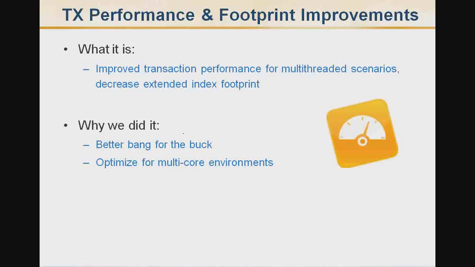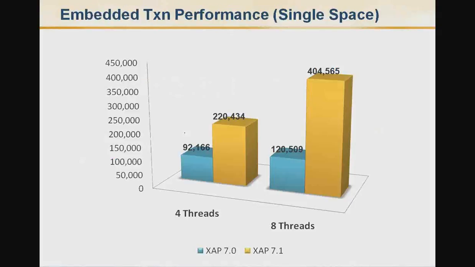So what we've done is we've made sure that the contention around those areas would be minimal. That in turn also helped us reduce some of the footprint associated with our indexing mechanisms. So there's also some nice improvements there.